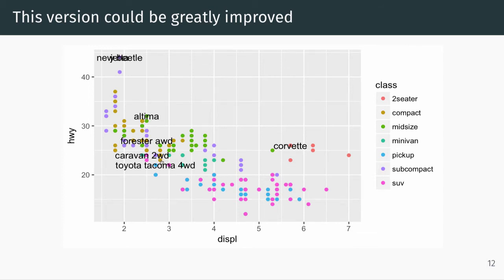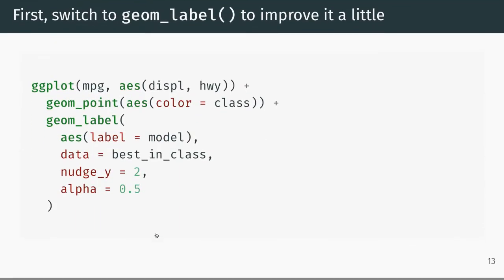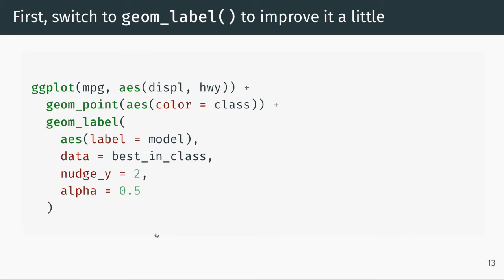We could improve this, and we're going to improve it in 2 steps. So the first thing that we're going to do is switch from using geom text to using geom label. So this is going to put the labels into little rectangles that we can manipulate, and we're going to manipulate it in 2 ways.